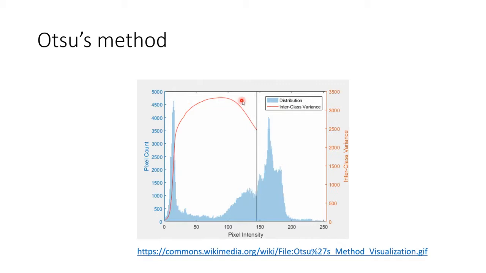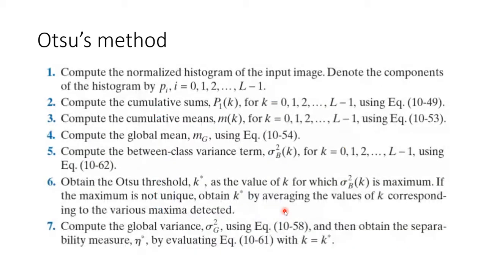And when you finish the calculation, you get your threshold. Then you have segmented the two portions of the image, background and foreground. So this is Otsu's algorithm in a nutshell.